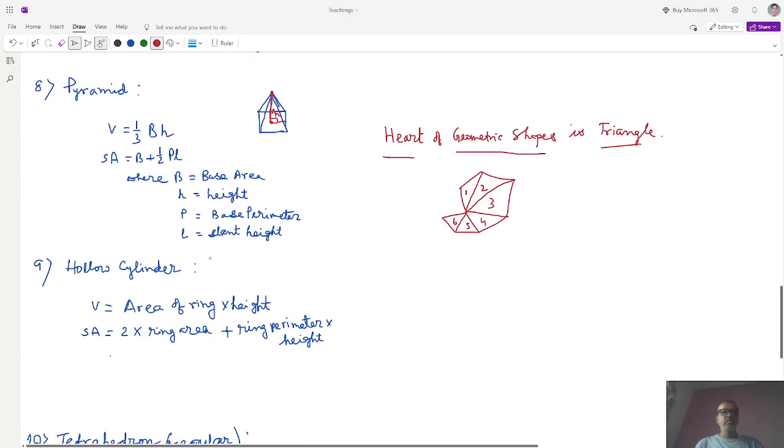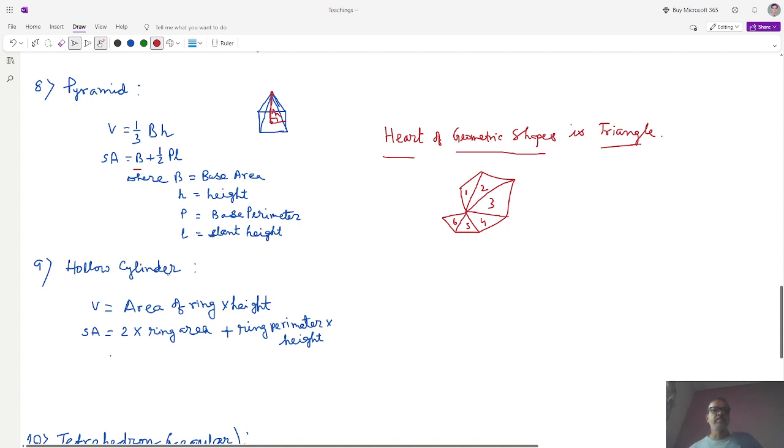Now, surface area. Once again, surface area of pyramid equals base area plus half of P into L, where P is the base perimeter and L is the slant height.